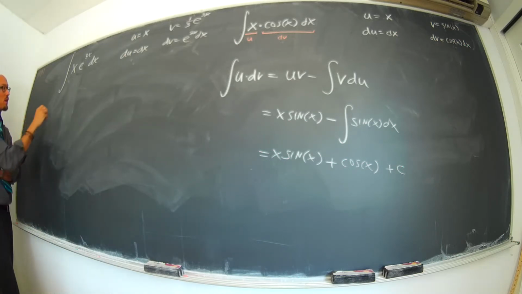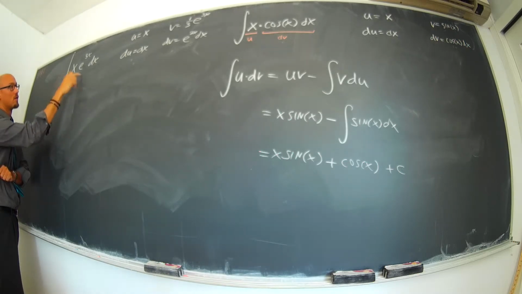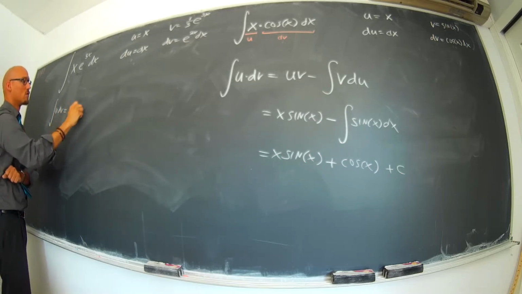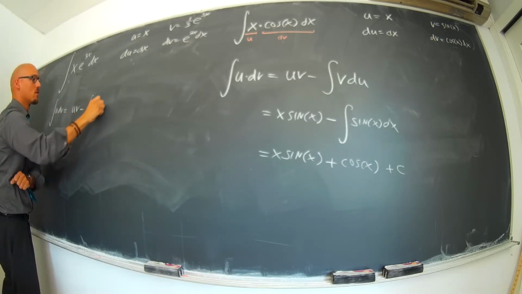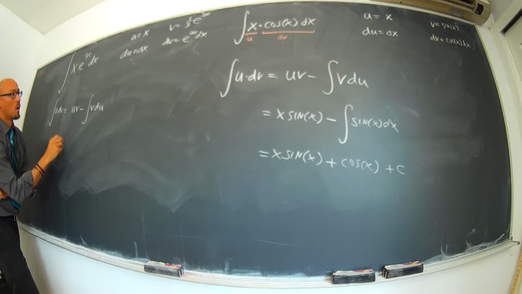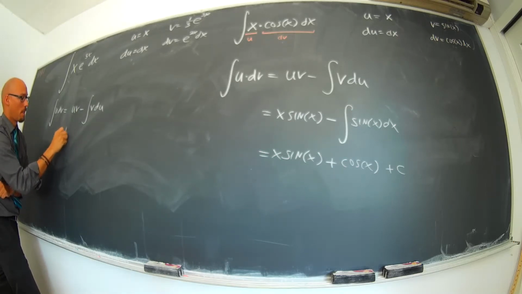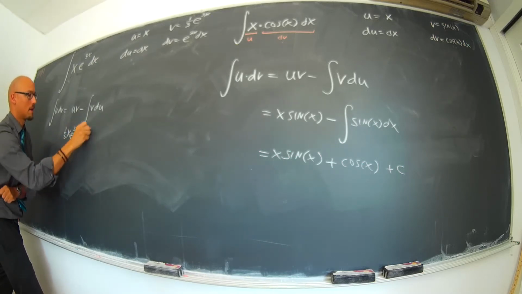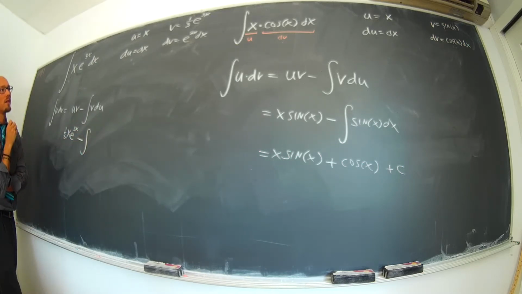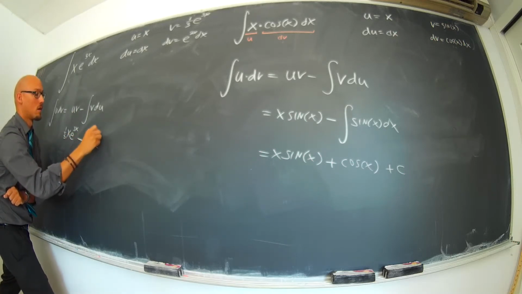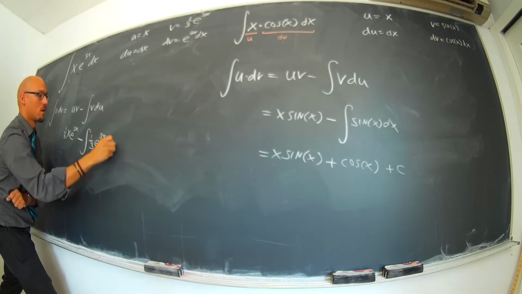So now let's plug it in. This is the integral of u dv, which is equal to uv minus the integral of v du. uv is x times 1/3 e to the 3x, minus the integral of v du dx.